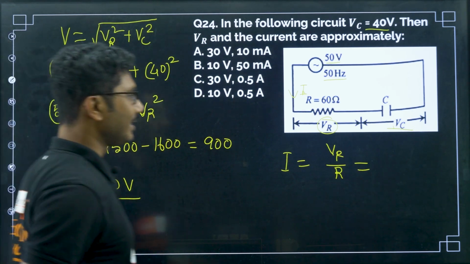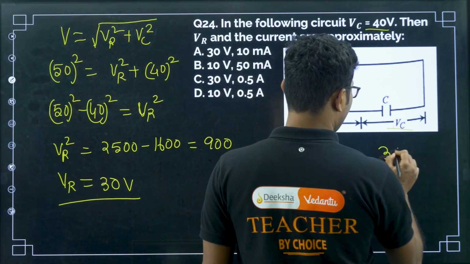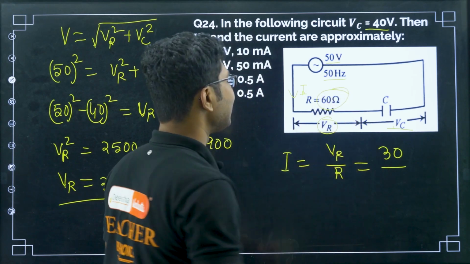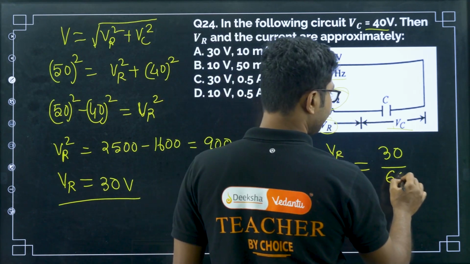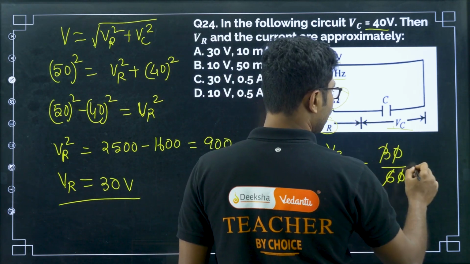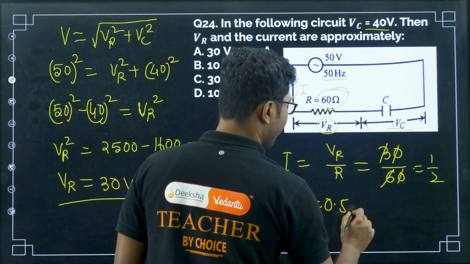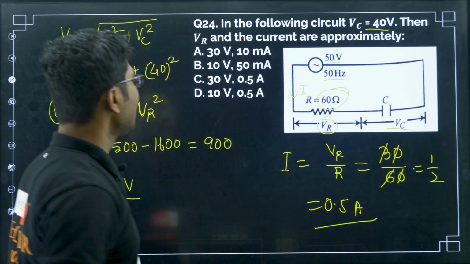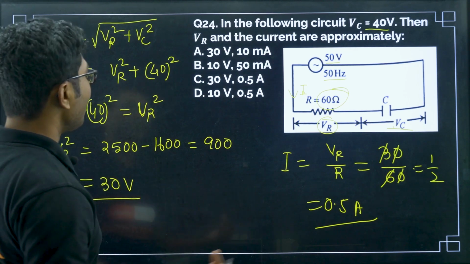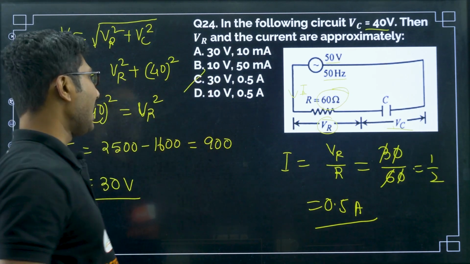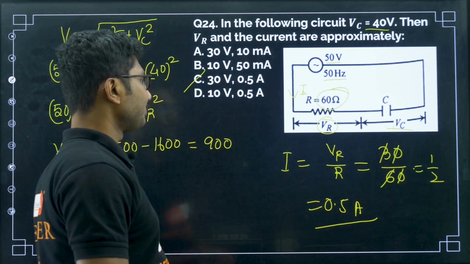So VR is 30 volt and R is given 60 ohm. So it will be 1 by 2, or 0.5 ampere. So 30 volt and 0.5 ampere is the answer, right?